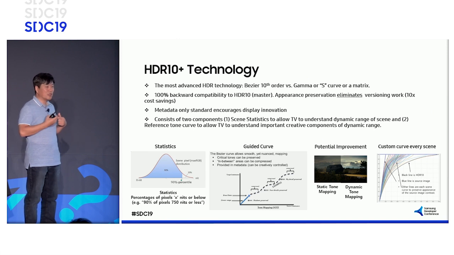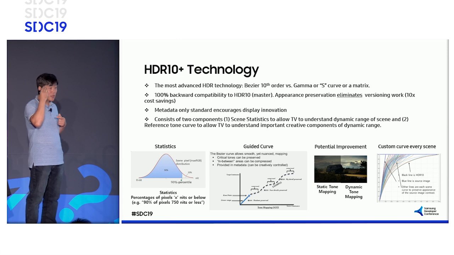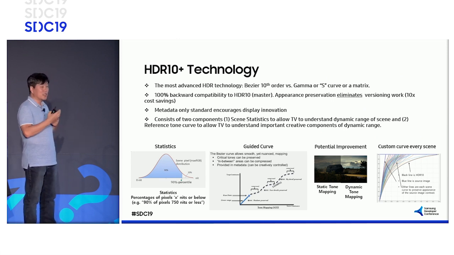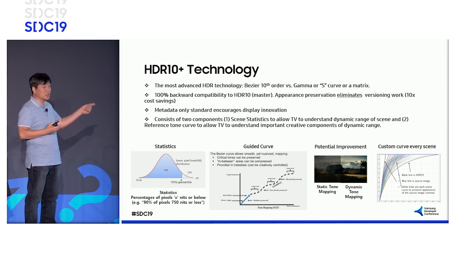So from the content creator side, they can keep their idea and their creator intent, and they can verify the quality from the content creator side. And finally, they can send the content with this dynamic metadata, these two pieces of information, and then finally the display can get the difference for each scene.